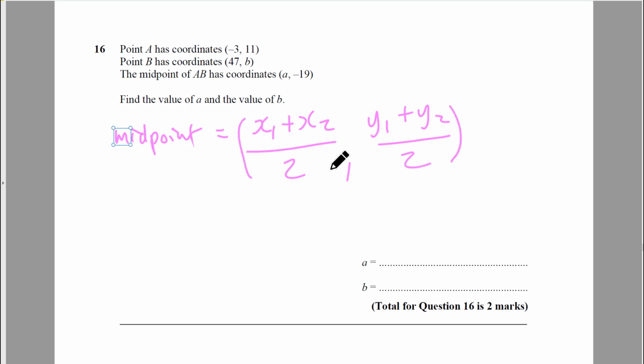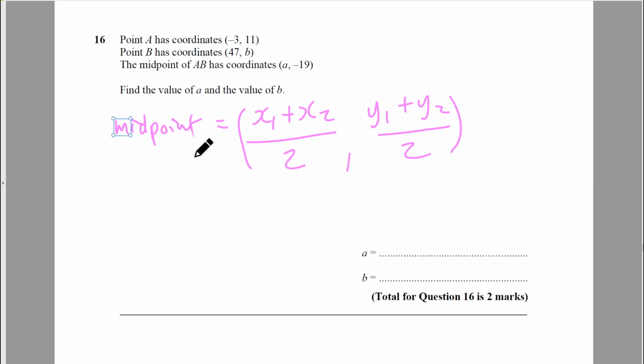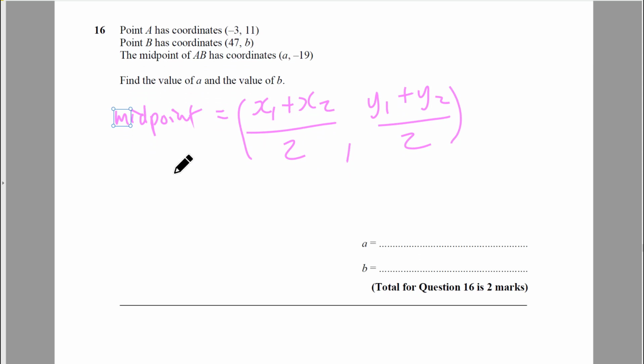That's what we start off with. And you then substitute these numbers in. And we know this x coordinate equals A here. So we could say A is going to equal, we've got minus 3 plus 47, so that's 44 divided by 2. So A is going to equal 22.